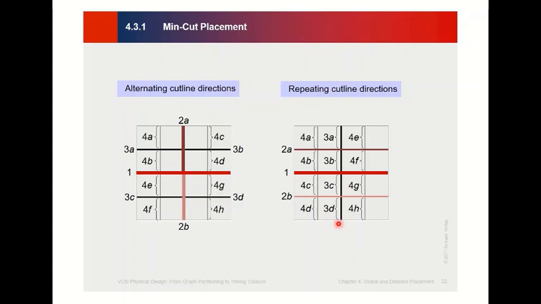So we cut here, 3A, 3B, 3C, 3D, and then we cut here 1, 2, 3, 4, 1, 2, 3, 4. So you can see that we cut in the same directions until we are done. So again, we have split now into 16 smaller regions.